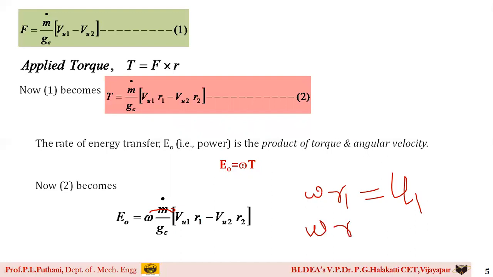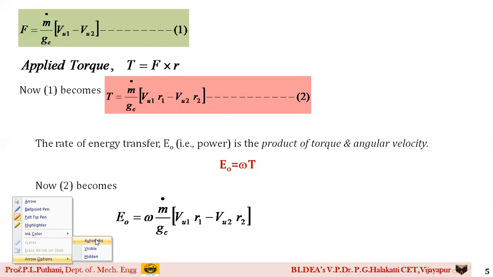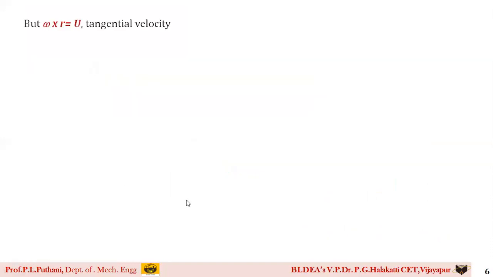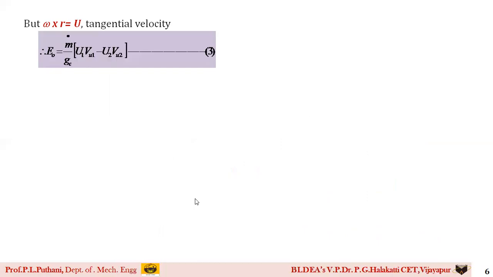Similarly, for omega into R2, I get a tangential velocity U2. The same thing I am going to do here. Omega into R is the tangential velocity, as I told you. So if I take it inside the bracket, the equation for energy per unit weight, M dot by Gc, is given as U1 Vu1 minus U2 Vu2. That is equation number 3.